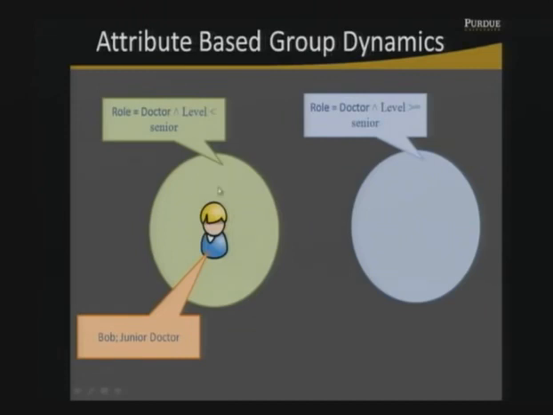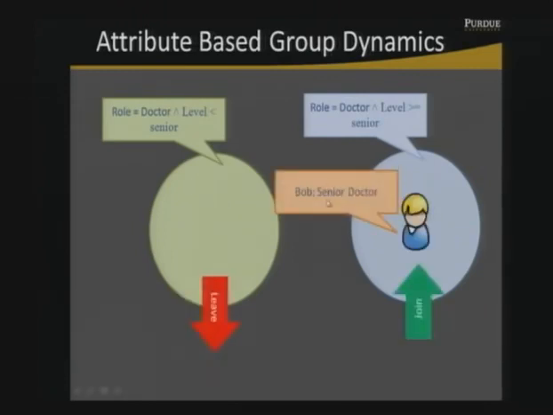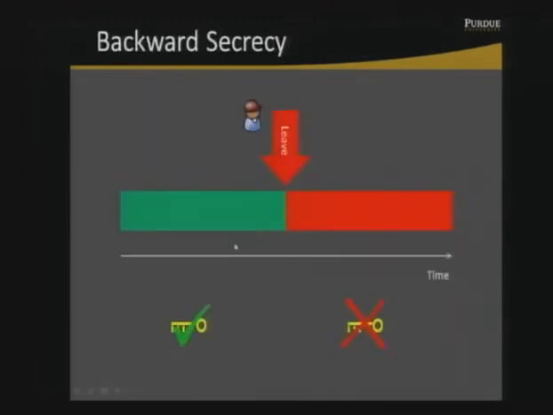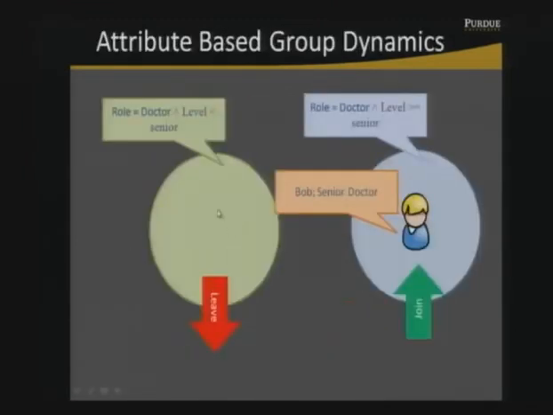As time passes, he is promoted to a senior doctor, so he no longer satisfies this policy. Because of that, it triggers the leave operation, and he is not a member of that one. And since Bob now satisfies this policy, it triggers a join operation and he becomes a member of that group.